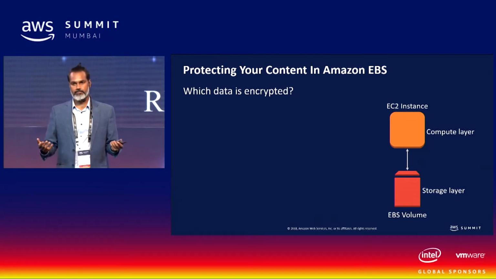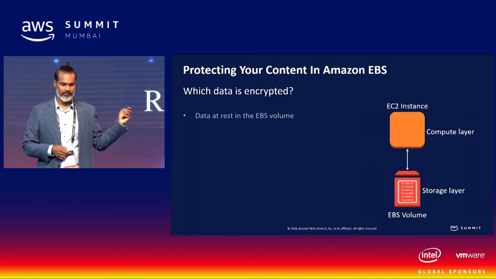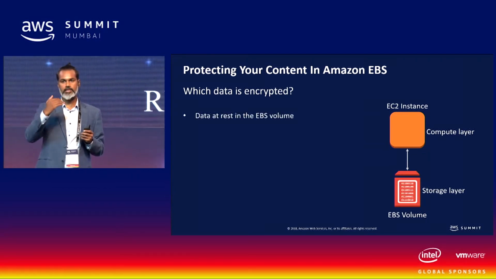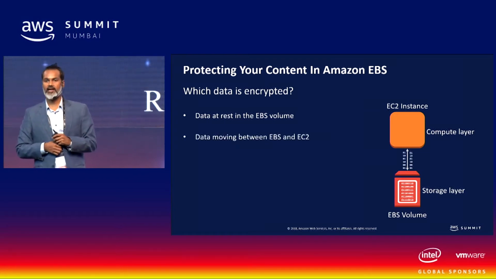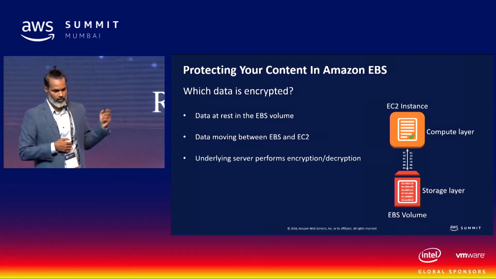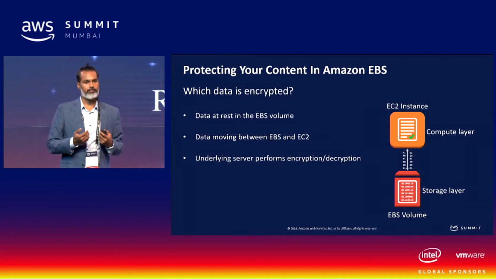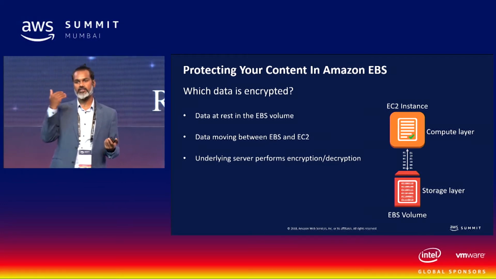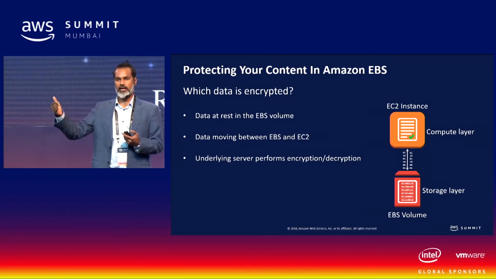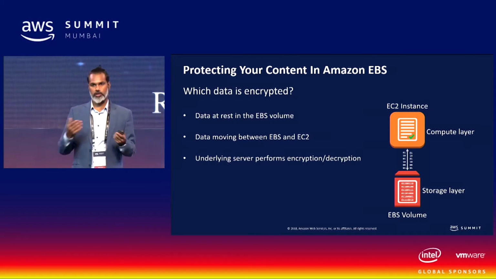What all would be encrypted? The underlying EBS volume, whatever is written there, and the communication between the EC2 and EBS volume will also be encrypted. So data moving is also encrypted. What about the server which is running the application itself? The underlying server performs the encryption and decryption. That means it goes and talks to the KMS service, which is again governed by IAM policy. So you have your storage layer encrypted.